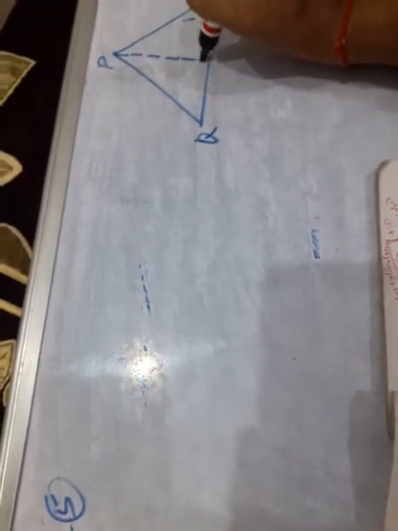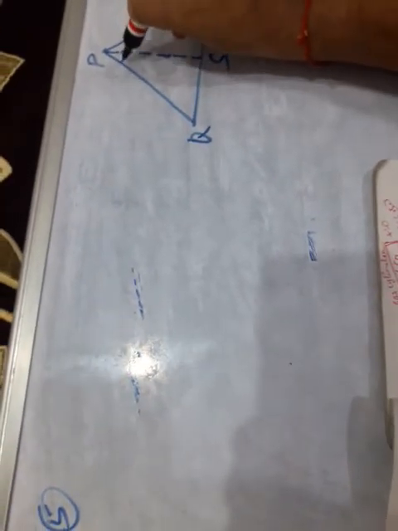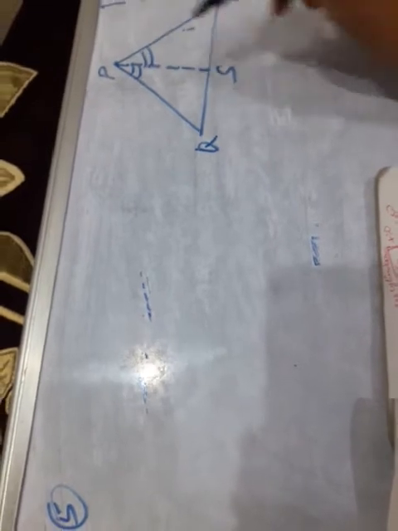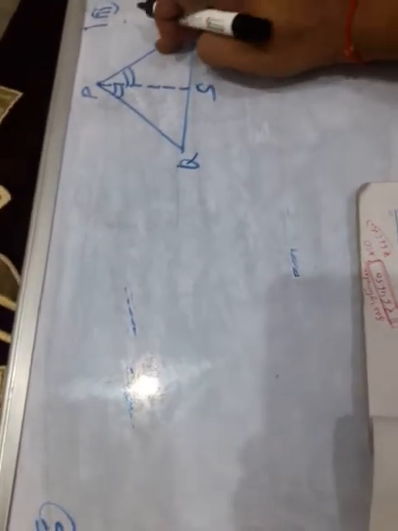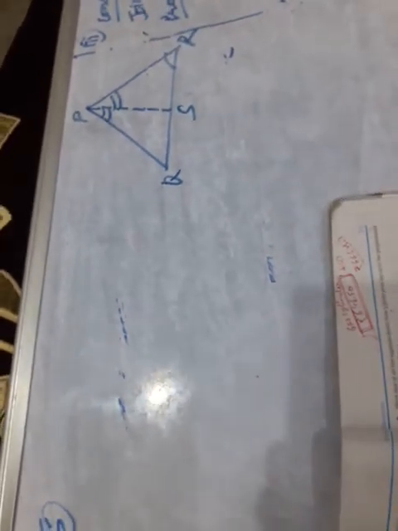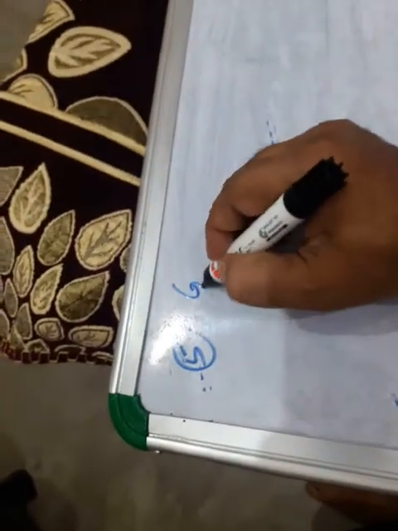That is PS. PS is bisecting angle P, and this is angle R. It is given in the figure PQR. Now let us see what is given in the question.